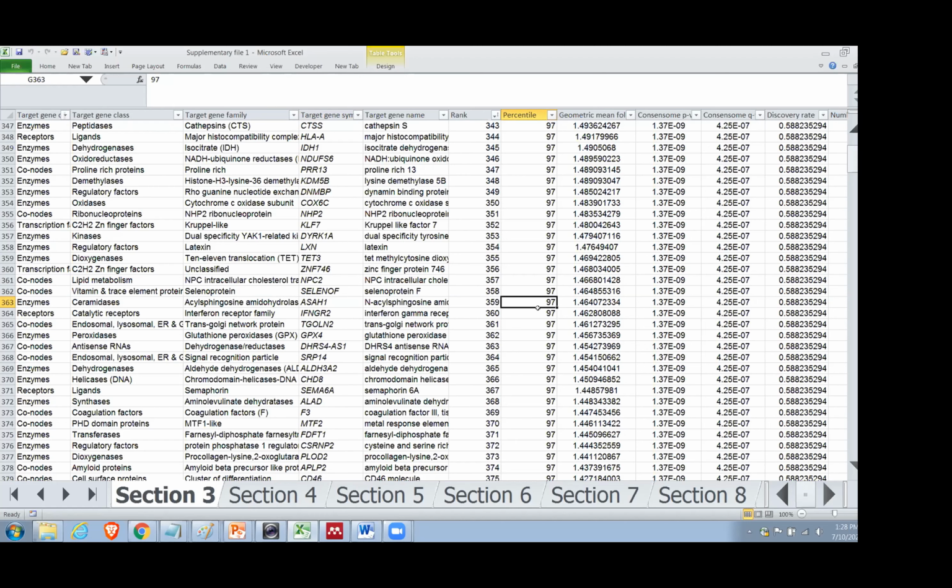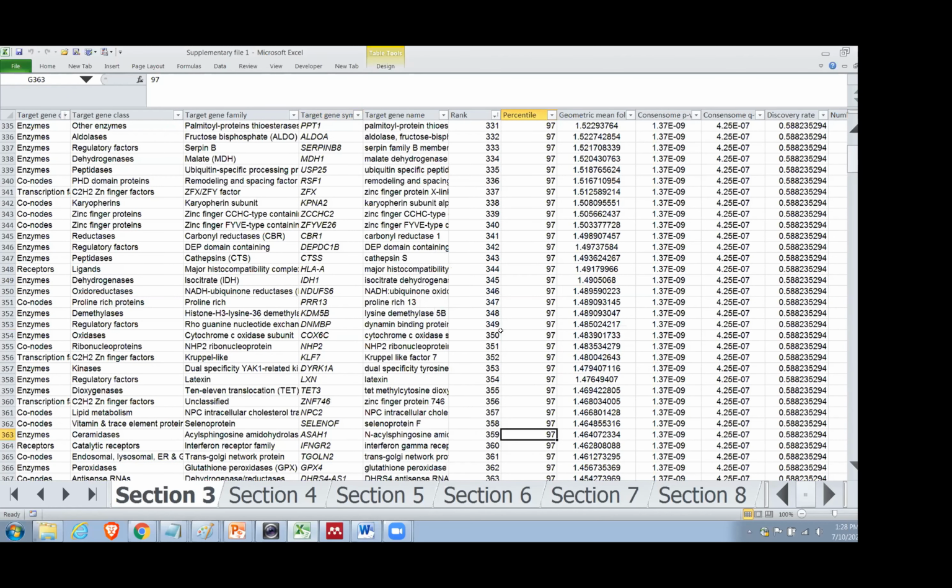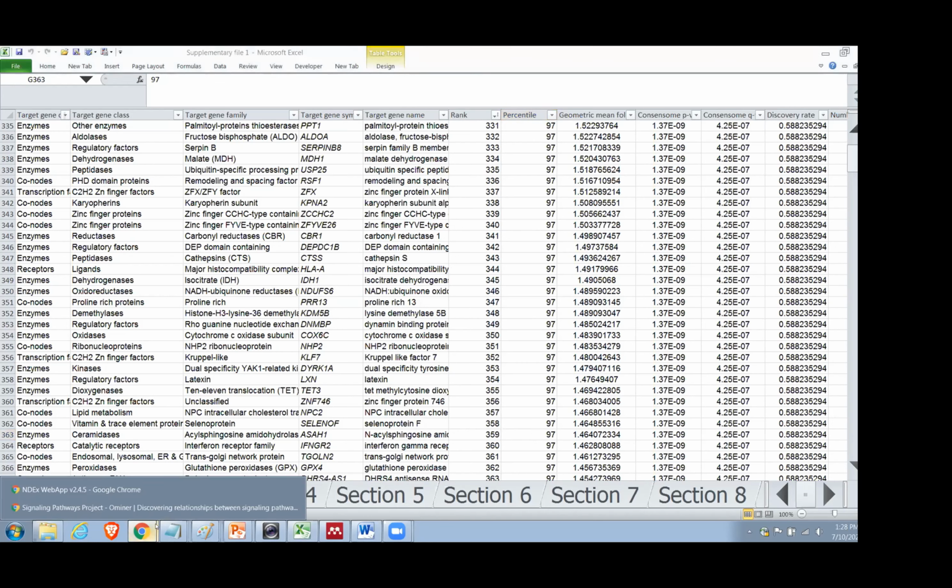So it is extremely sensitive to infection by SARS-CoV-2, and the effect of infection is to repress expression of this enzyme.